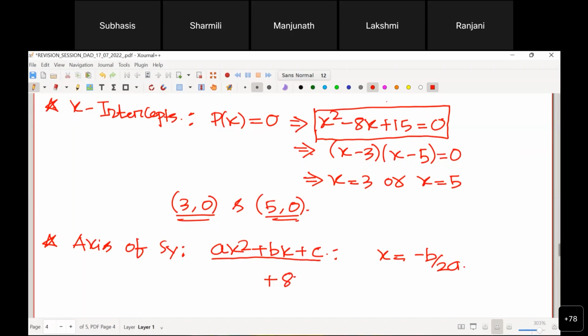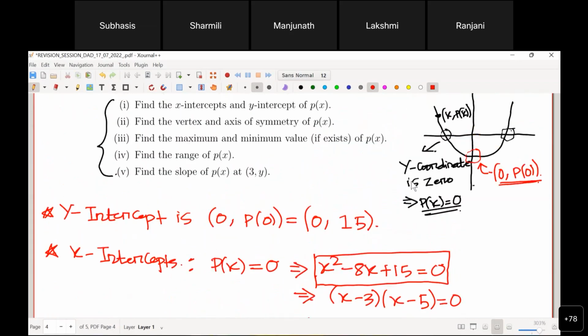The coefficient of x square is 1, and if I multiply with 2, I get 2, so the result is 4. So x equal to 4 is the axis of symmetry for this quadratic function.